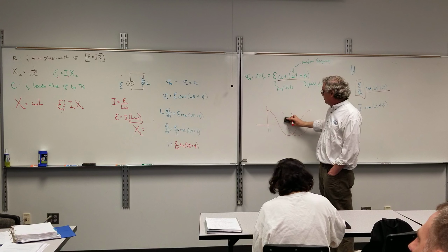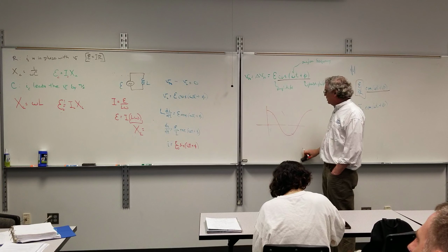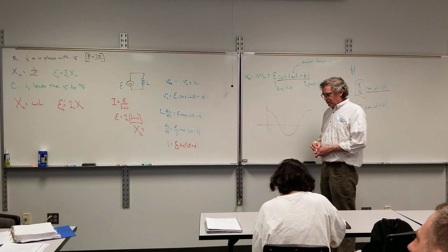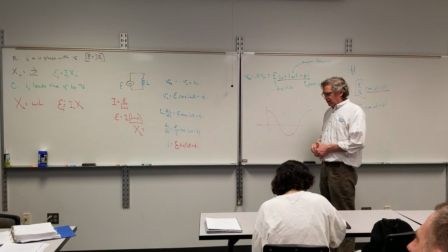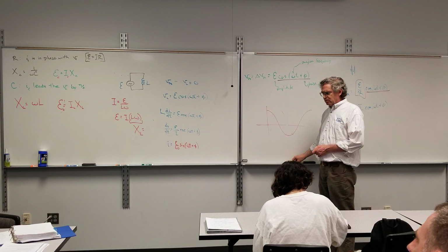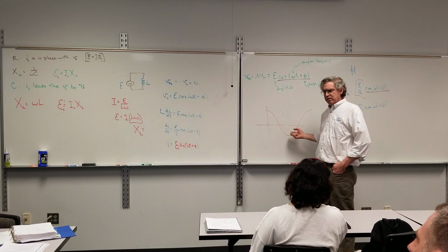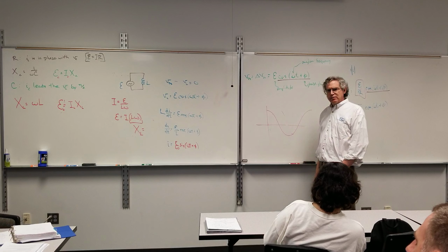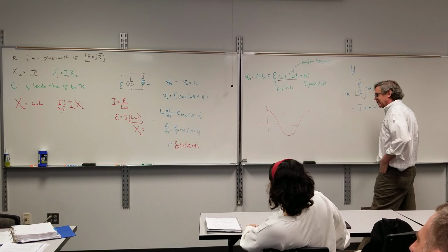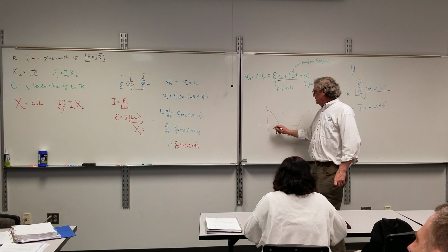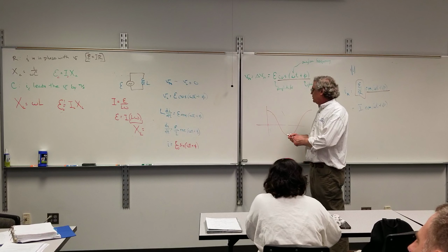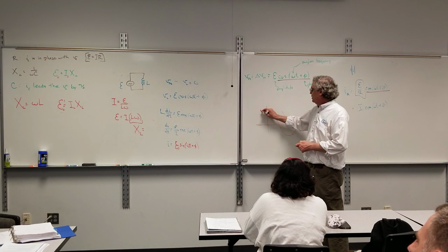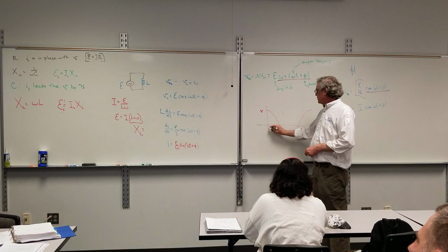Is that like the area under the curve, or between the two curves? We're doing an integral, so it's the area under the voltage curve, times a constant. So that is voltage, and our current.